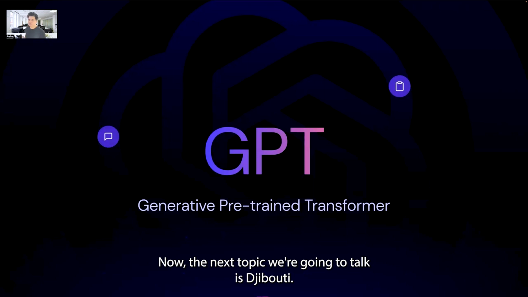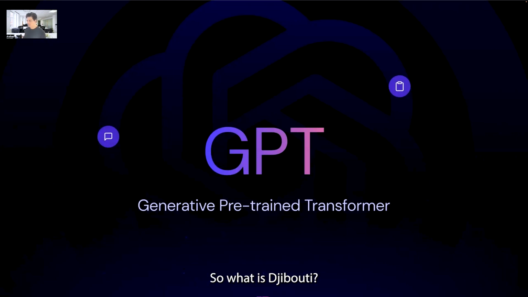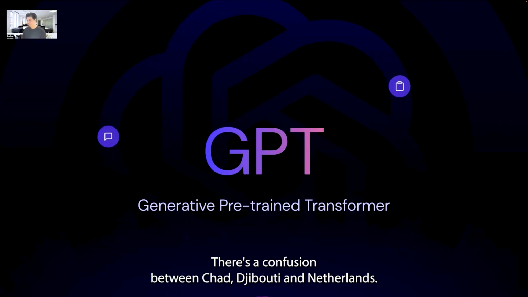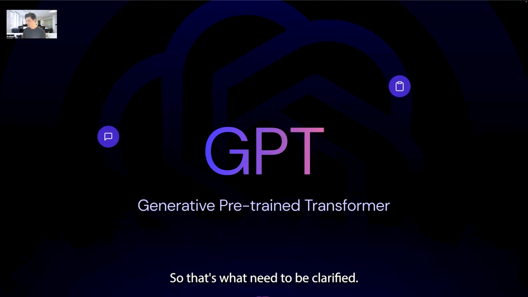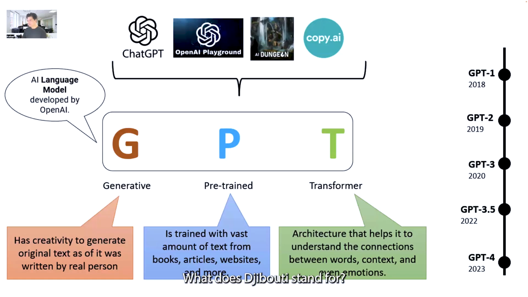Now, the next topic we are going to talk about is GPT. So what is GPT? There's a confusion between ChatGPT and LLMs, so that needs to be clarified. GPT stands for generative pre-trained transformers. You are seeing ChatGPT as one of the very pioneering applications which we all are using.